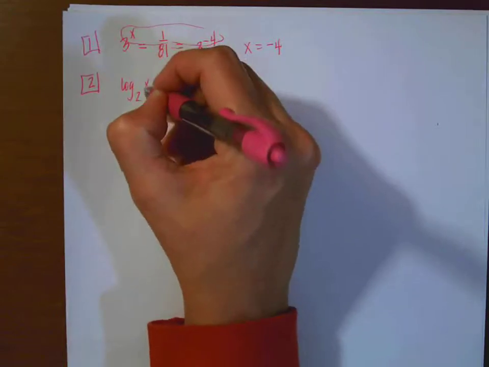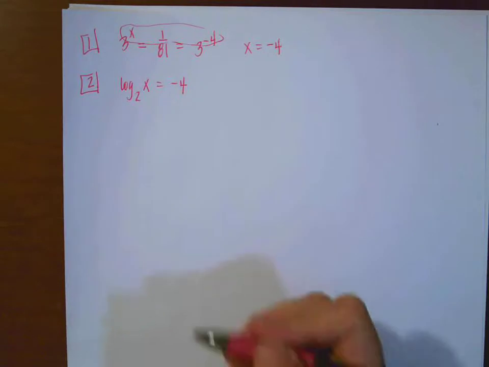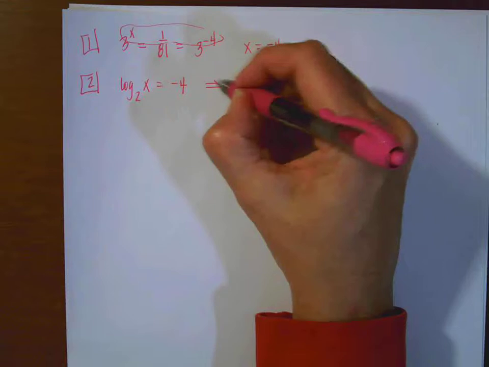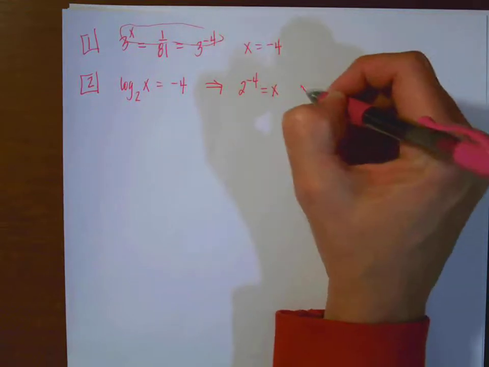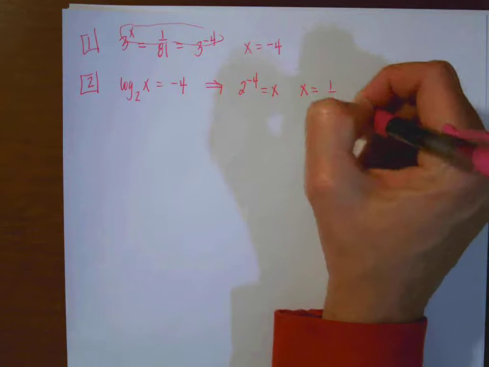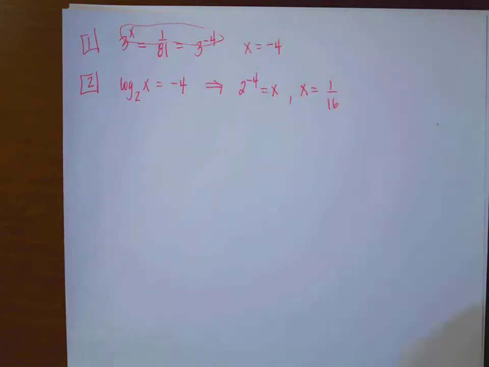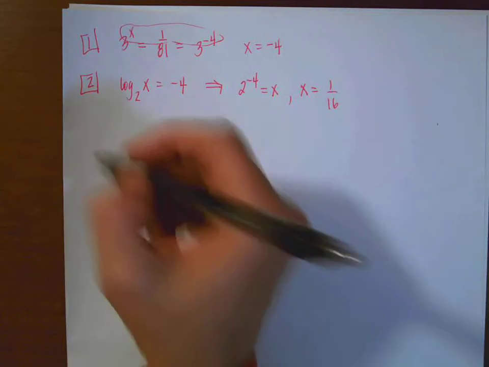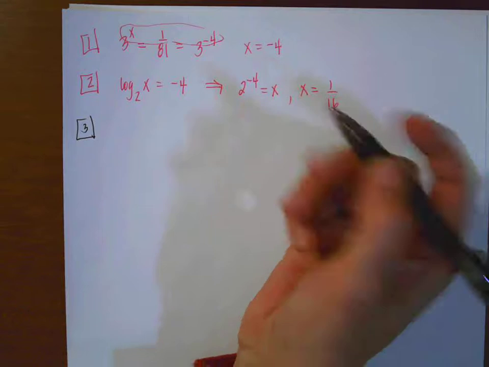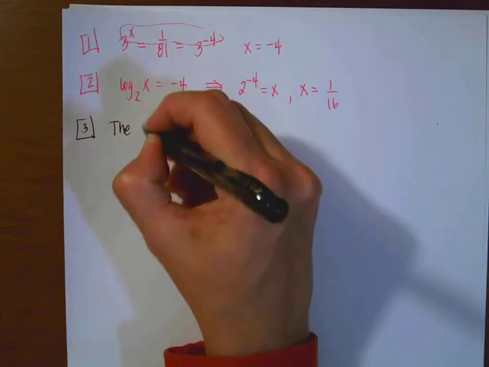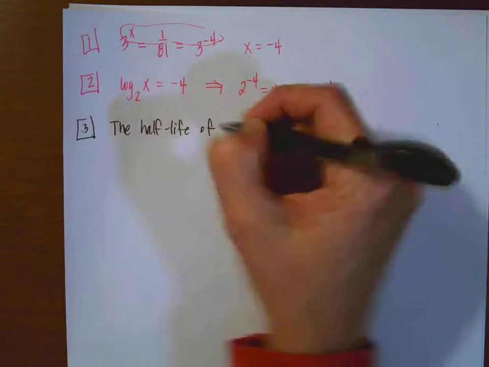The second example, if I had the log base 2 of x is equal to a negative 4, then I could go back to exponent form, and that would be 2 to the negative 4 equals x, so x would equal 1 over 16. Again, this is just stuff that we've learned before, so it's just a nice review of some log and exponent information.